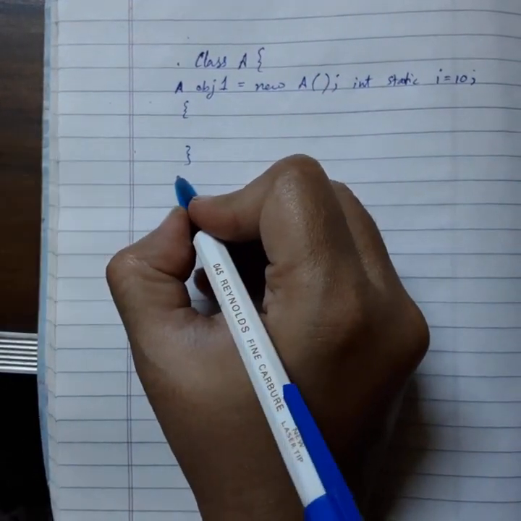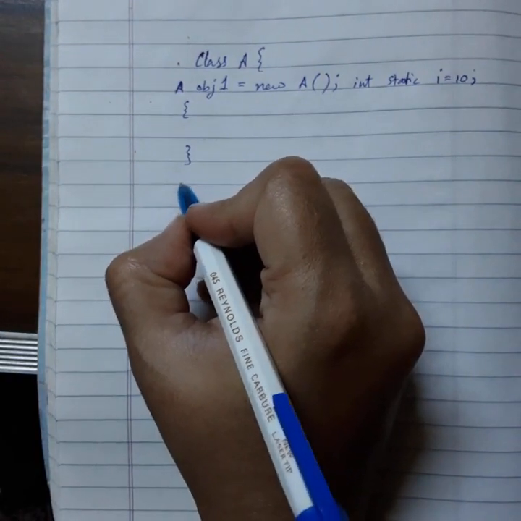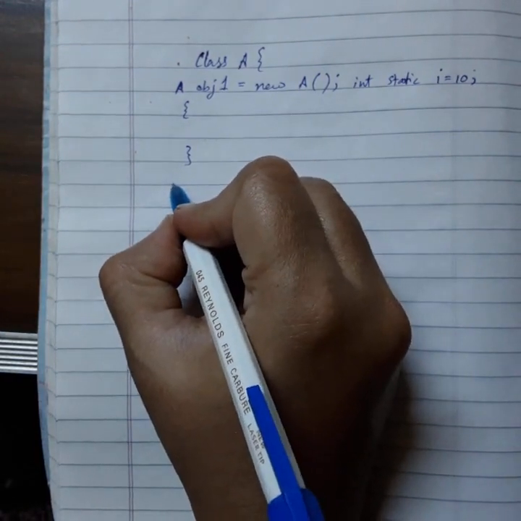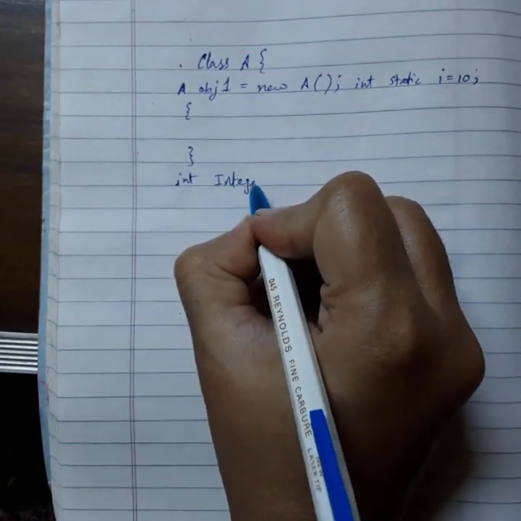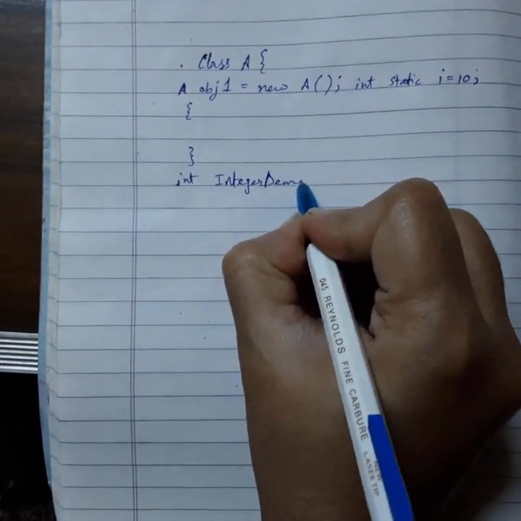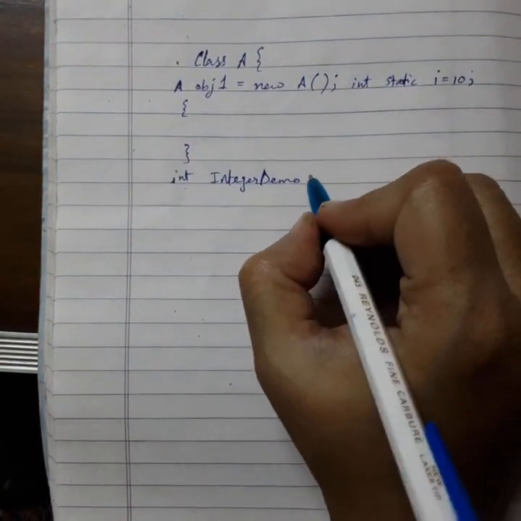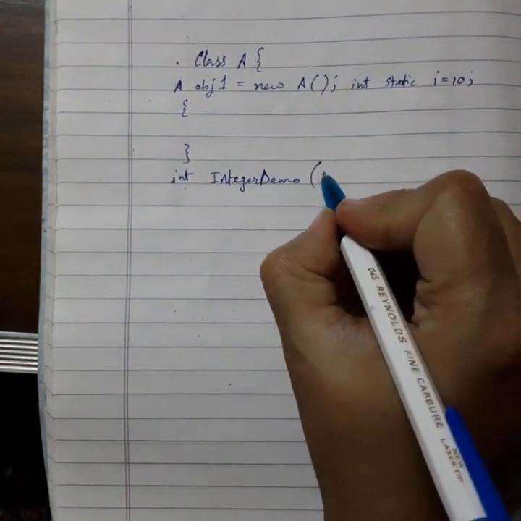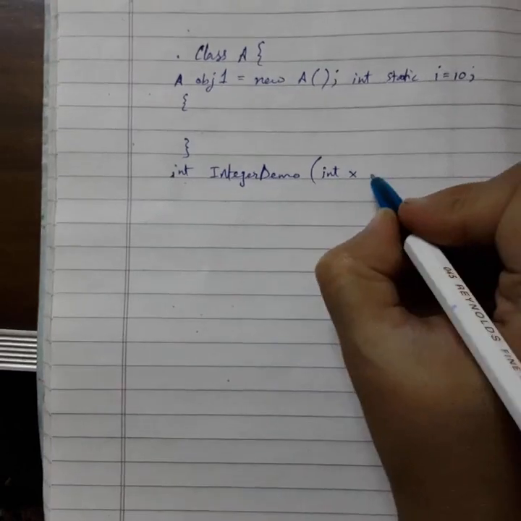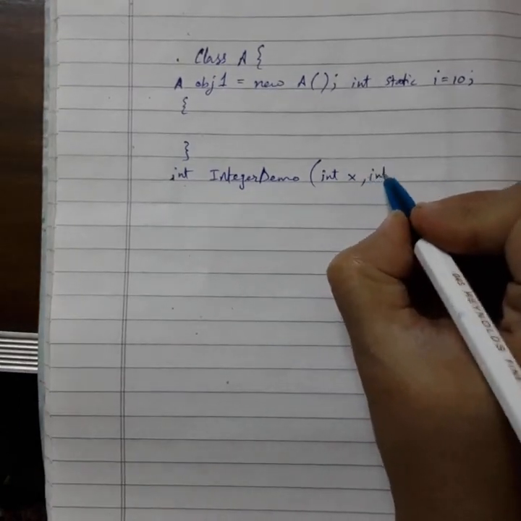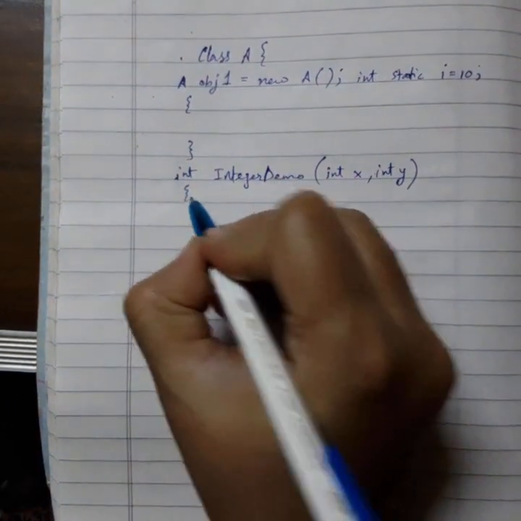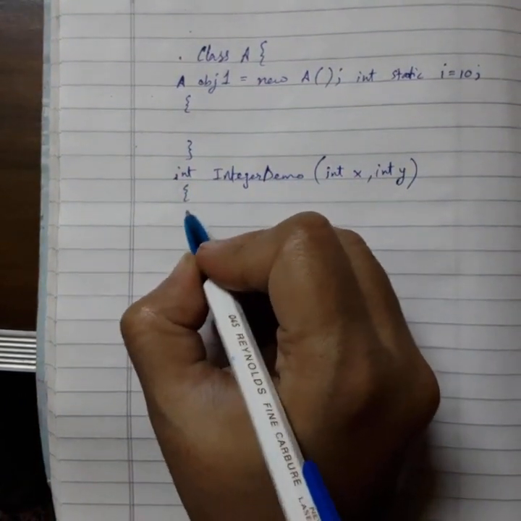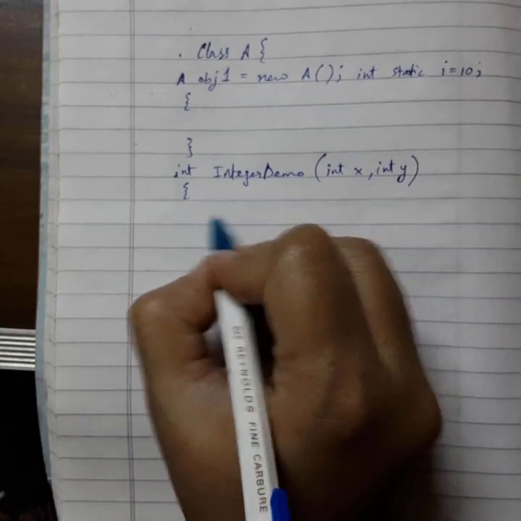Here say we have our own method, of return type int. IntegerDemo is the name of the method that we give, and which has got two parameters, int x comma int y. Okay, and we start the braces, whatever coding will be here.